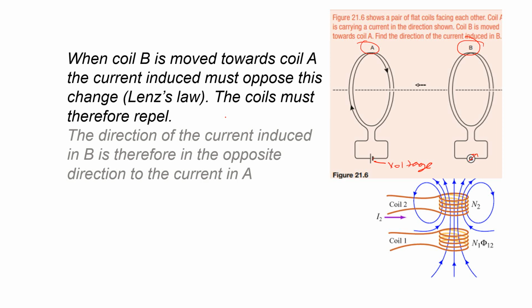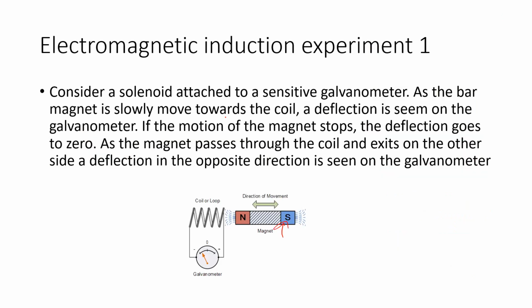So what Lenz was able to see was that whenever we bring a north pole towards the coil, the coil is going to essentially create a magnetic field that will oppose the change going towards it.